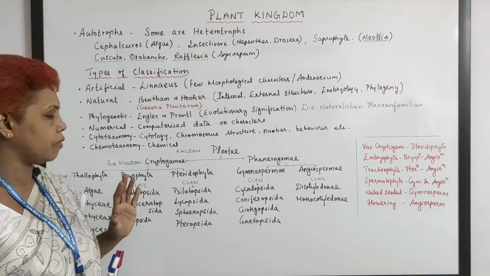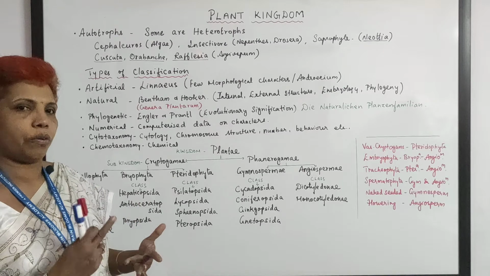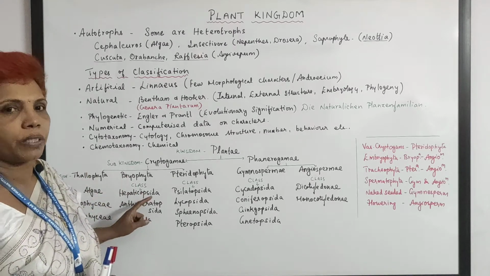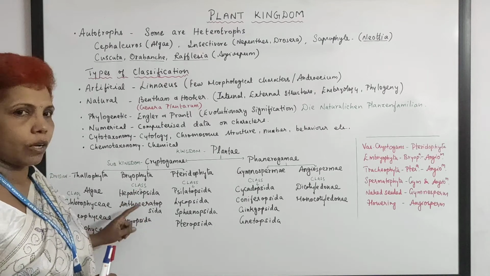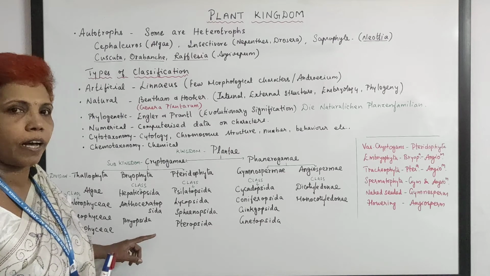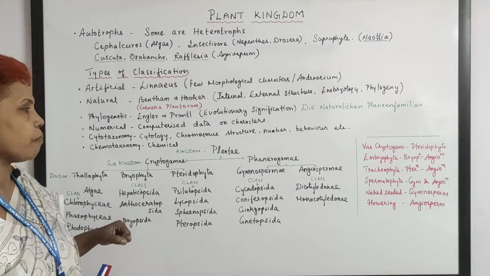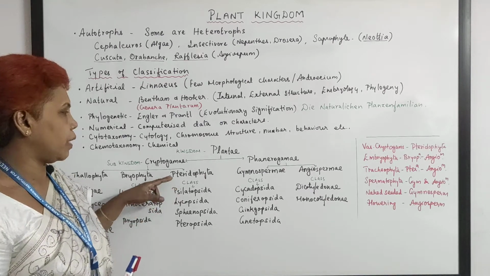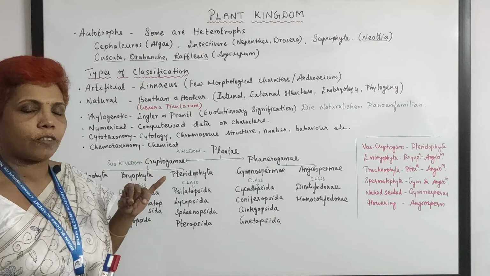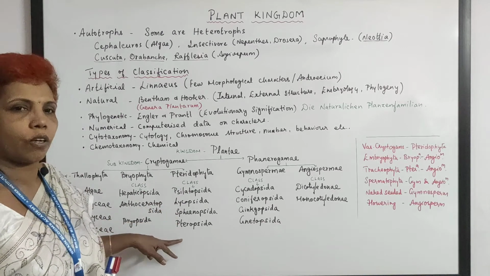Under algae you have green algae, Chlorophyceae, brown algae, Phaeophyceae, red algae, Rhodophyceae. And under bryophyta you have Hepaticopsida or liverworts, Anthocerotopsida or hornworts, and Bryopsida, or you can say moss. And pteridophyta, the third group, has four major classes: Psilopsida, completely extinct forms, Lycopsida, Sphenopsida and Pteropsida.